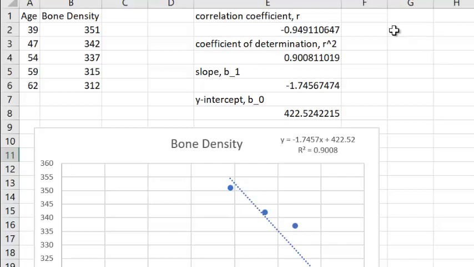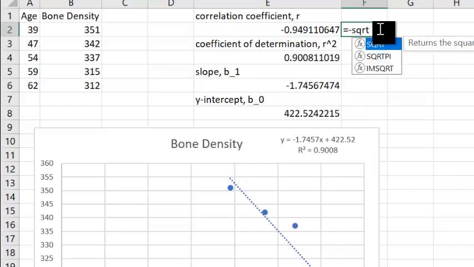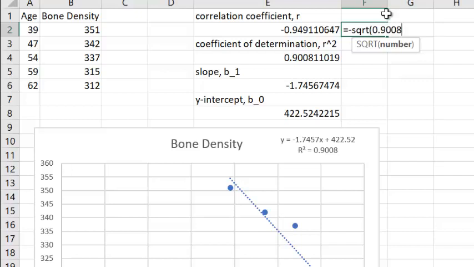So if I wanted to use that strategy, I would hit the equal sign. I know that this is negative because I have a negative slope, and then I want the square root, SQRT, open parentheses, of this r squared value that was given me down here in my chart, which is 0.9008. And we get pretty much the same value.